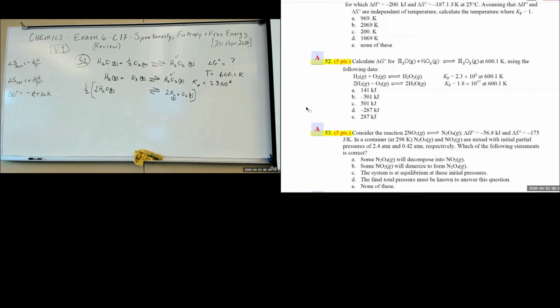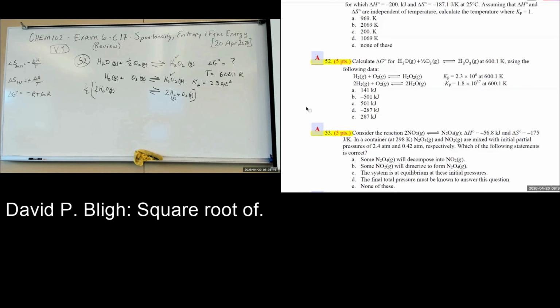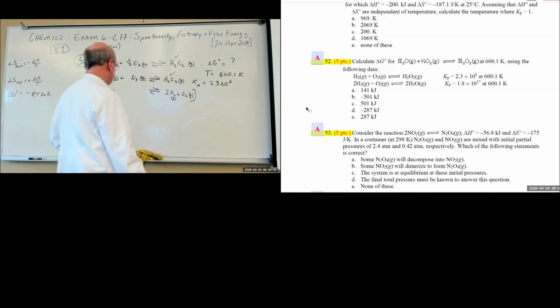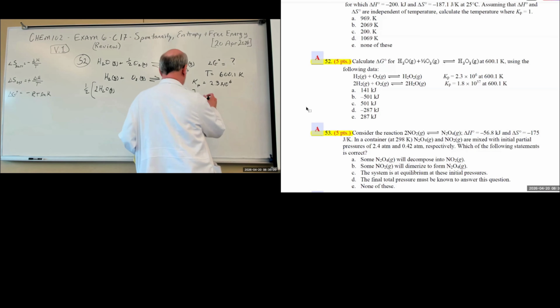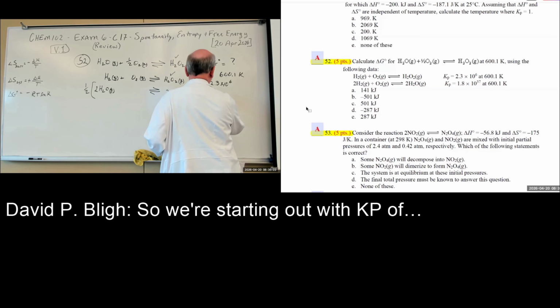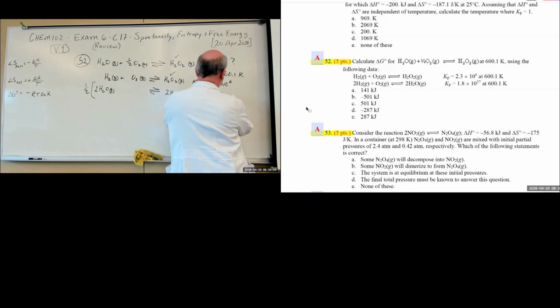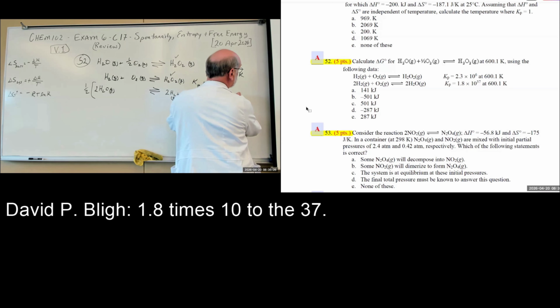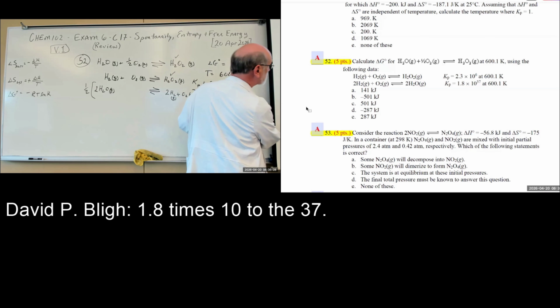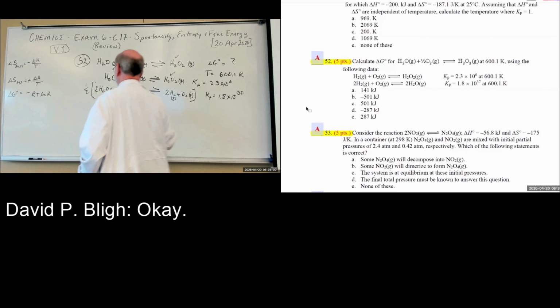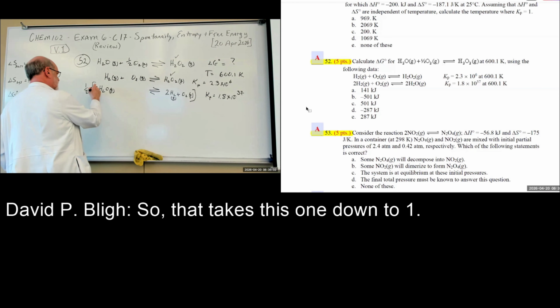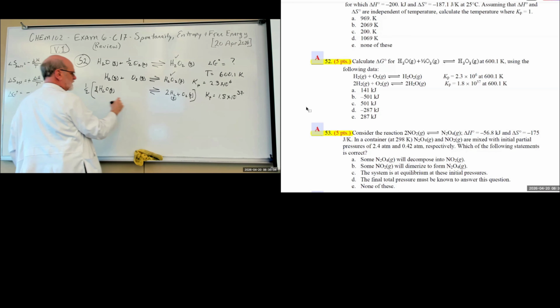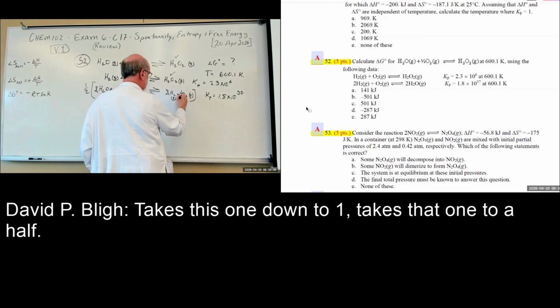No, the square root of it. We're starting out with a Kp of 1.8 times 10 to the 37. That takes this one down to 1, and that one to a half.